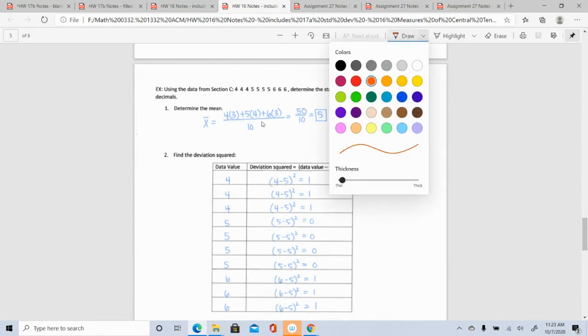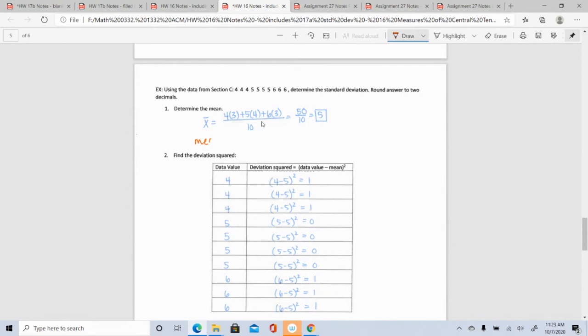Remember, the mean is the average. And we also write it as the X bar. So you're going to take these numbers. Now, you could have done 4 plus 4 plus 4. You could just add all the numbers up.